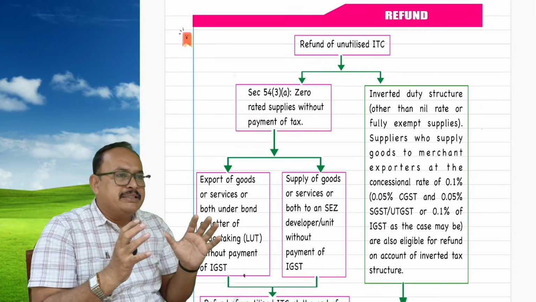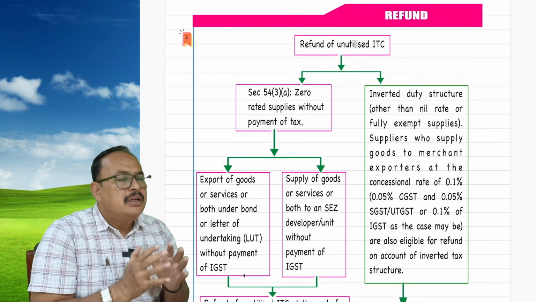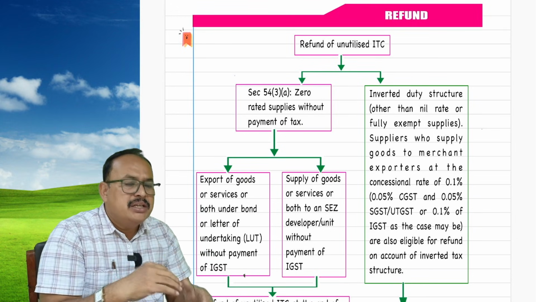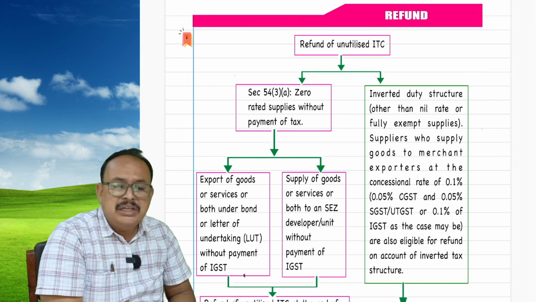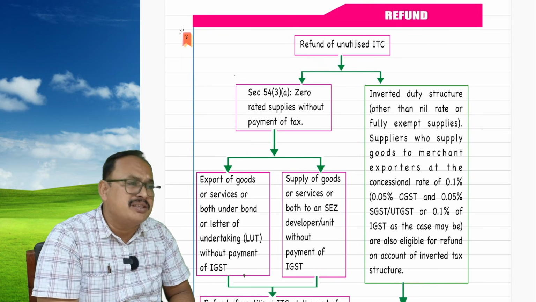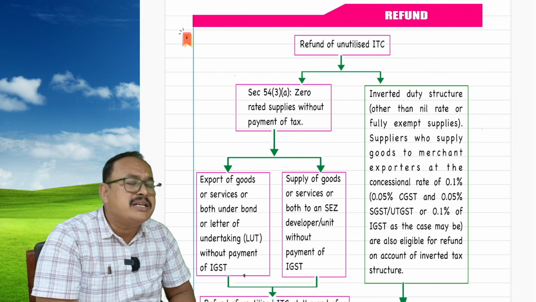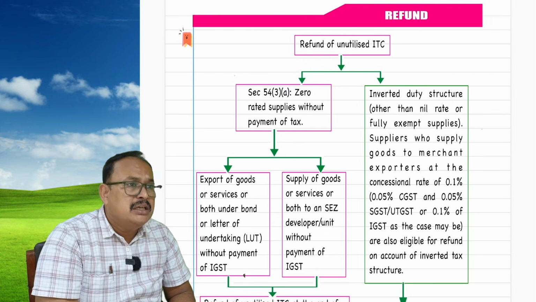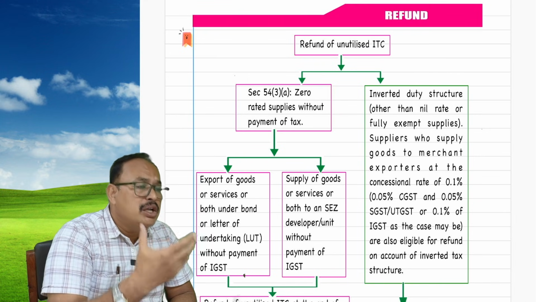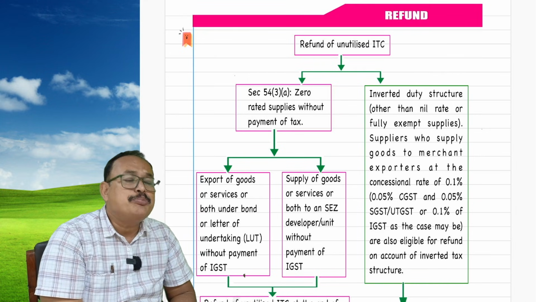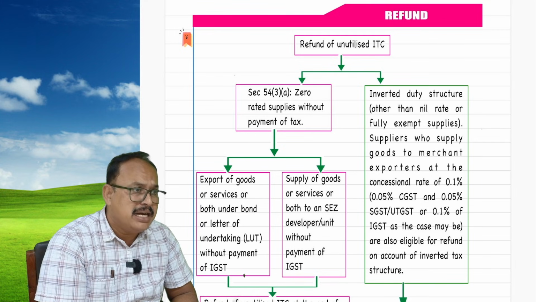Now refer to refund under GST. Section 54 deals with this, where we have Section 54(3) clause (a), zero rated supply, where export of goods and export of services, as per Section 16 of the IGST Act.